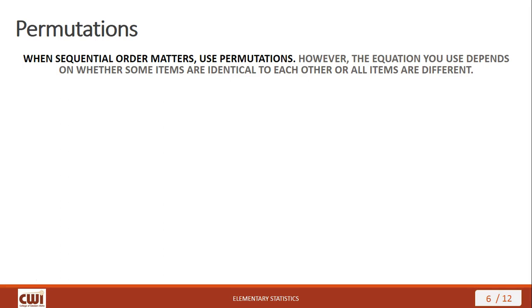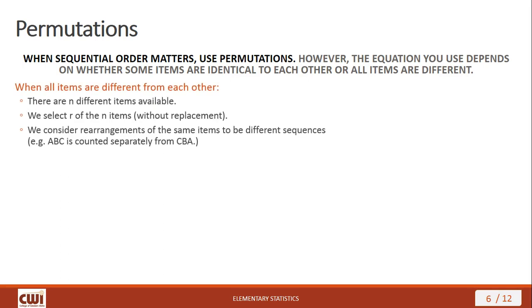However, if you know you need to use permutations, the particular equation you're going to use is going to be different depending upon whether or not some of the items in your sequence are identical to each other or if they're all different. If all the items are different, so you don't have any repeating items in your sequence, so you're going to have n different items, selecting r of the n items at a time without replacement, and again, considering rearrangements of the same items to be different sequences.